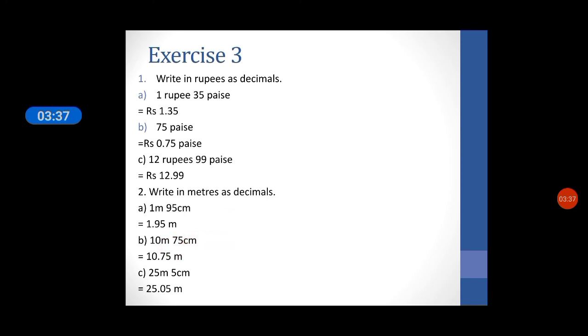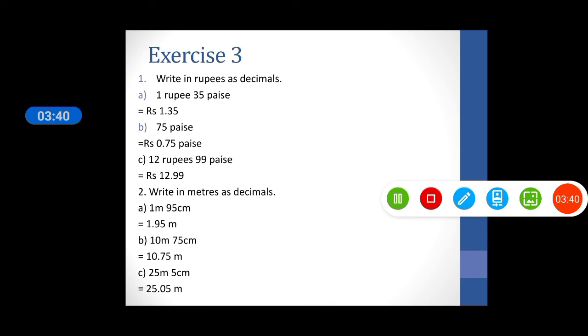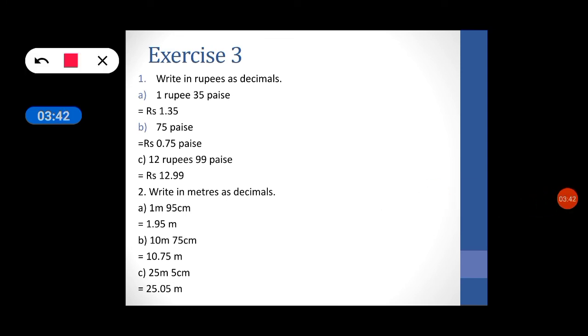In case of C, the number is somewhat different. As you can see, 25 meter is already the whole number part, plus 5 centimeter. As 25 meters is already in meters, you need to convert the 5 centimeter into meters.